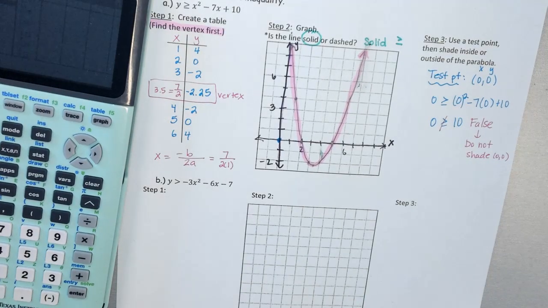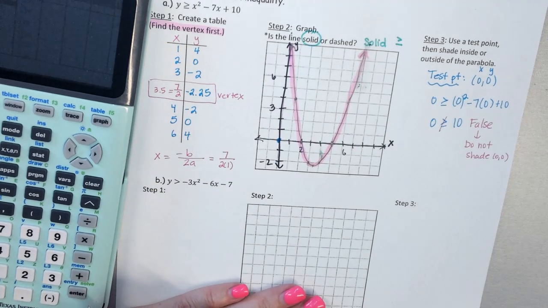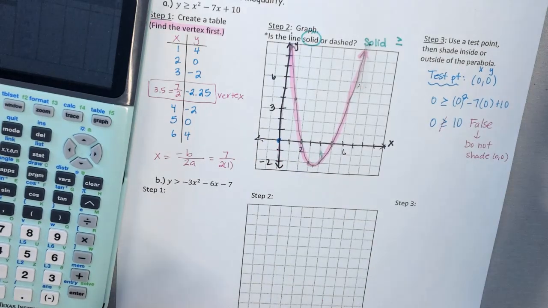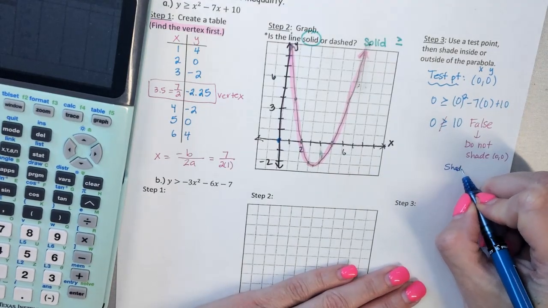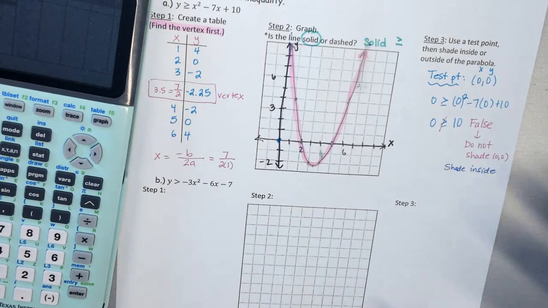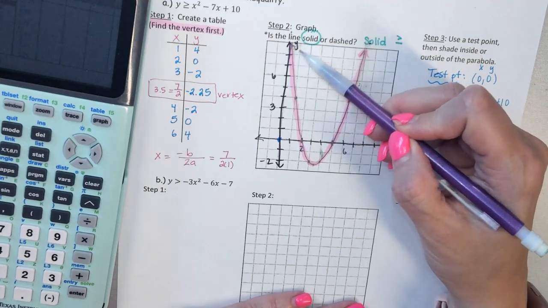Okay, so look where 0, 0 is located, because it's going to be in different places depending on where your parabola is. So if 0, 0 is outside and we're not going to shade it, for this case, we have to shade inside the parabola. You are not always going to shade inside if it's false. It's based on the situation.